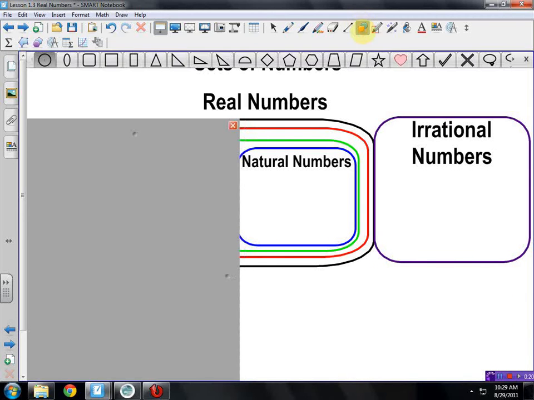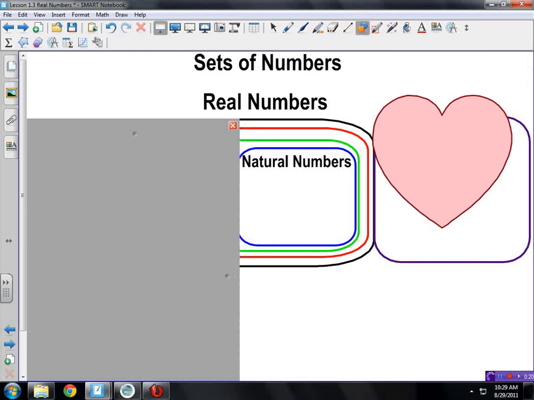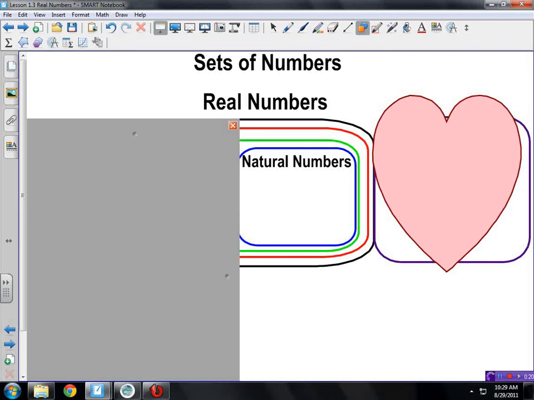All right, now let me, here, I'm going to block this one off with a big heart like that, okay? Okay. When we talk about sets of numbers, I'm going to bring up different types of sets, and we're going to start with the smallest set and work our way out. And when we do this, it's kind of almost like a history lesson in math, and kind of the way that everybody learns about numbers too. So, when you first started learning about numbers, what did you do with those numbers?